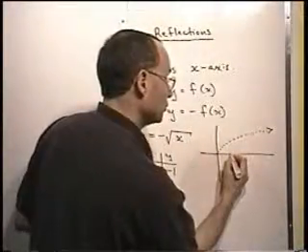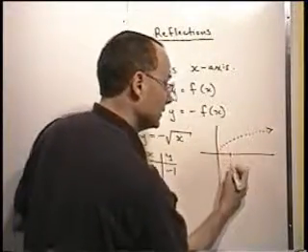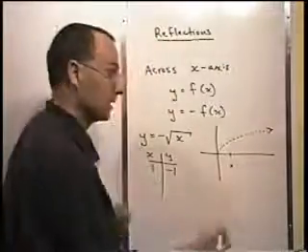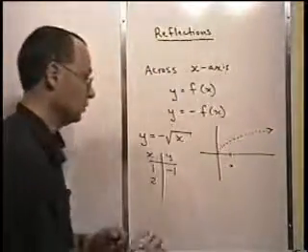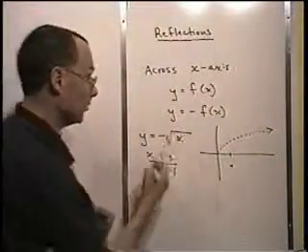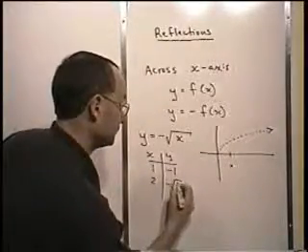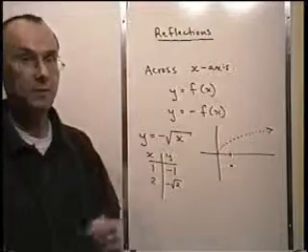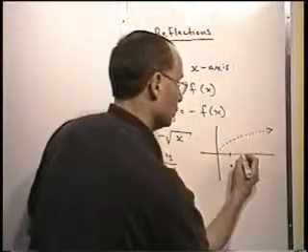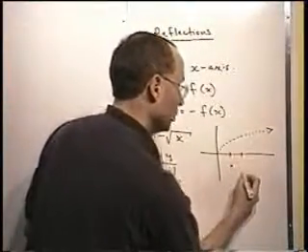So if we go 1 to the right, we used to go up 1, now we're going down 1. Same thing if I put in a 2. Well, the square root of 2 with a negative sign in front of it, which is about 1 and a little bit. So instead of going up, it's now going down.